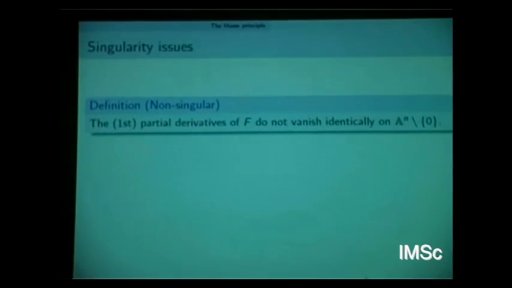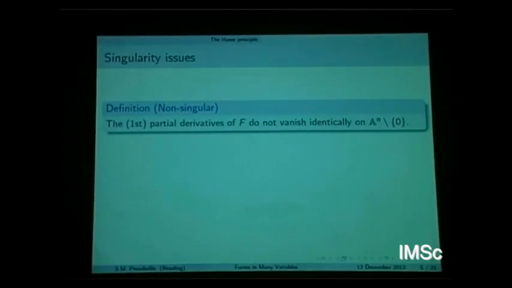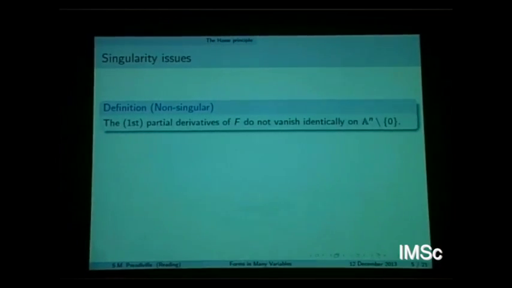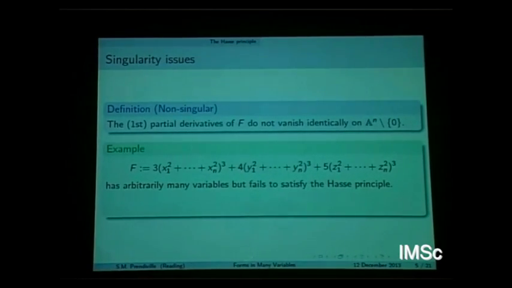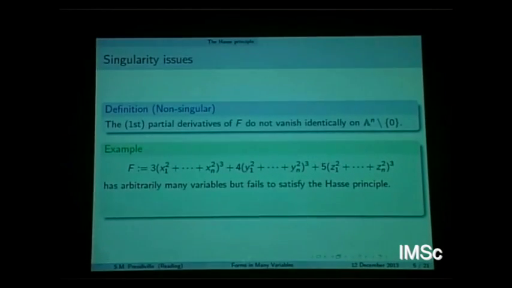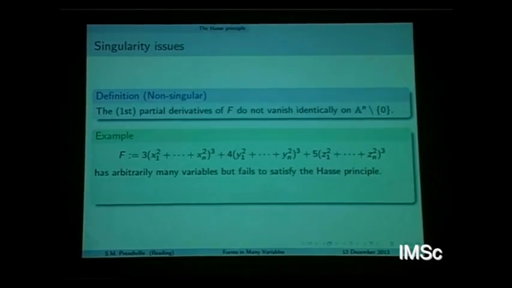But first, what's this singularity condition? A non-singular form is one where the first partial derivatives don't vanish identically on affine n-space, apart from at the origin. Okay, so you can cook up examples from Selmer's example which also fail to satisfy the Hasse principle.